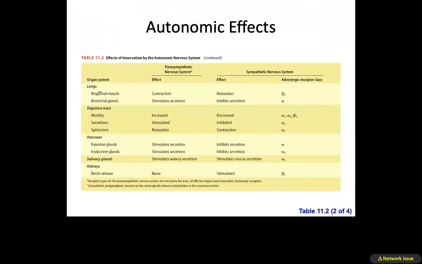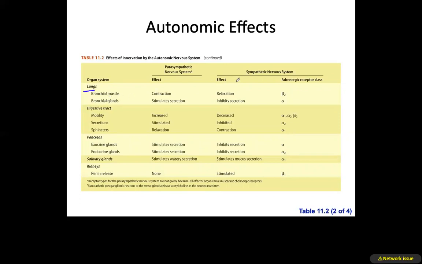Your lungs. Understand if you're dealing with a fight or flight response, typically you also want to increase the oxygen level in your bloodstream, to make sure that your body is receiving oxygen and therefore is able to produce its energy. So what is happening? You are targeting bronchial muscles. Bronchial muscles are basically muscles that are wrapped around the air passageway.